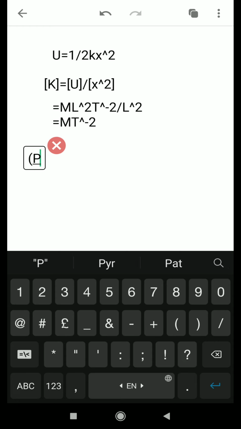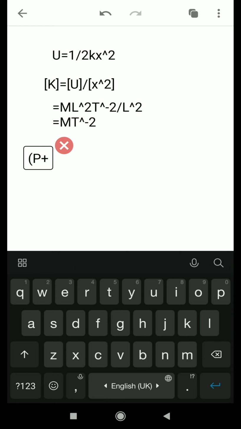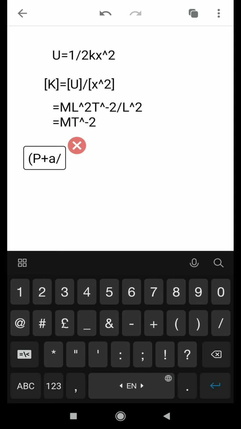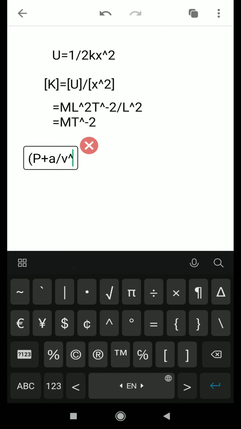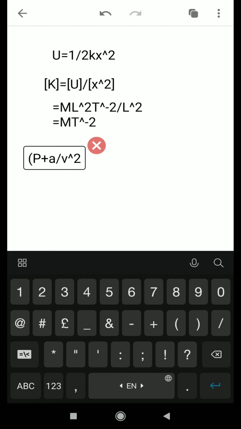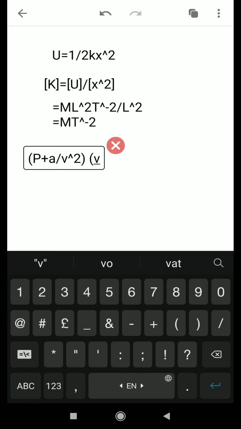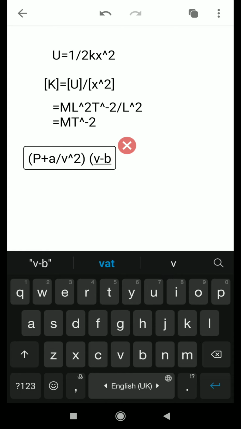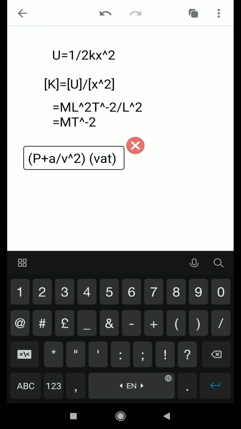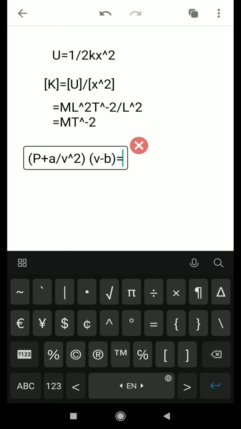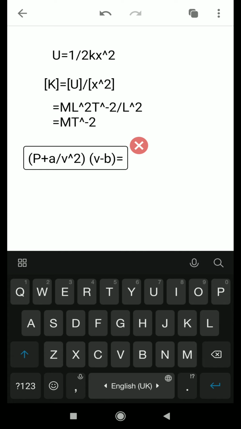Like here I am giving an equation: P plus a by V square, into V minus b, equal to RT.